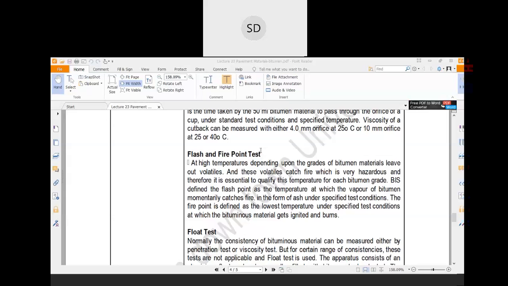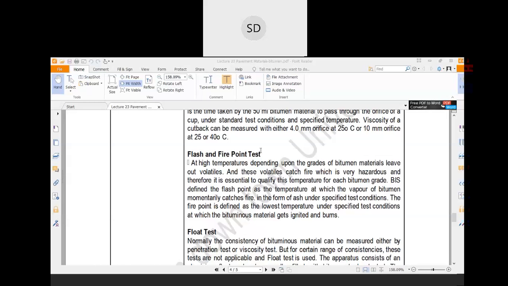Now if we put some flame over the gas evaporating from the bitumen, and it flashes, meaning some fire happens and it immediately stops, that temperature is called the flash point. Now fire point is, suppose you heat the bitumen further beyond the flash point. So after a certain temperature, what will happen?